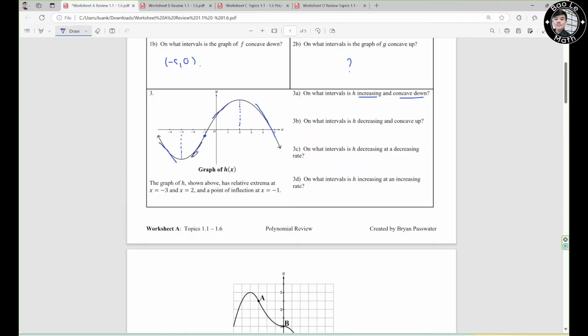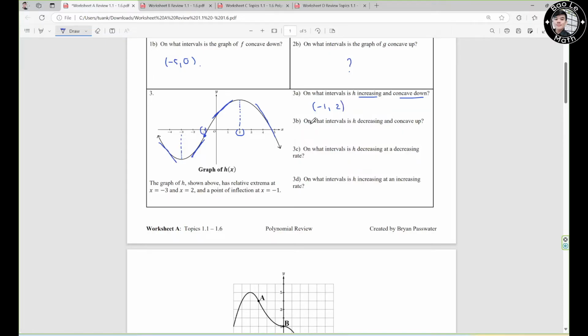Now if you have the tangent line right here, the slope is positive, but the function is concave up, right? This guy, the slope is positive, which means the function is increasing, but it's concave down, right? So it's going to be from -1 to 2. So it could be -1 to 2.